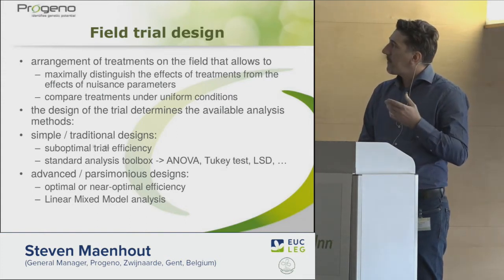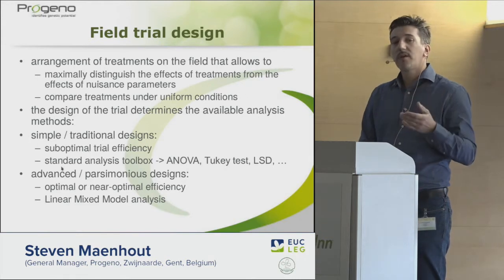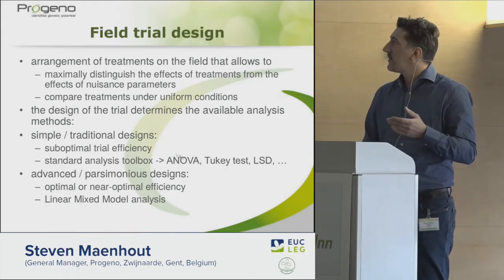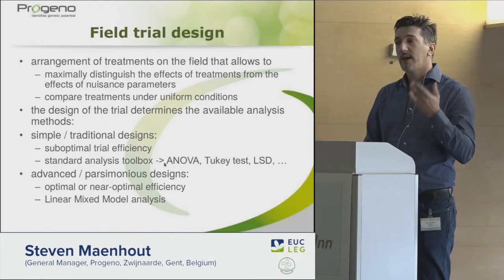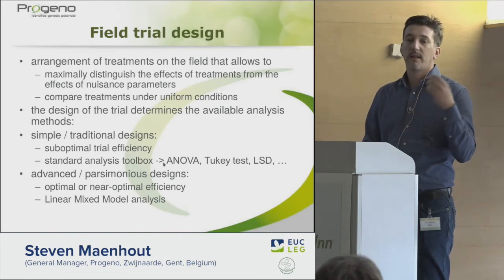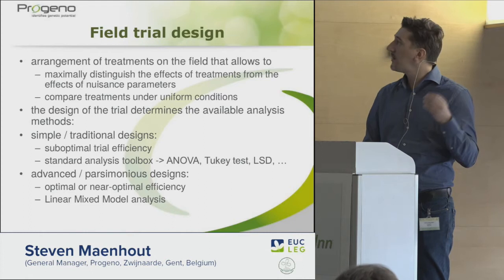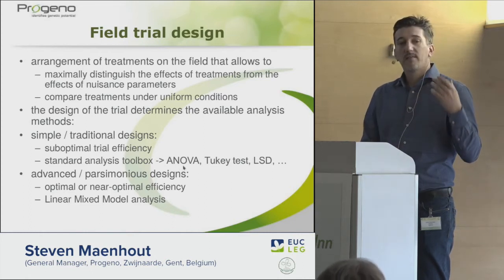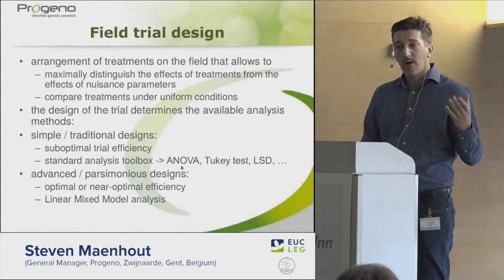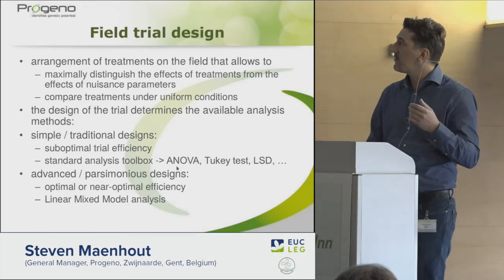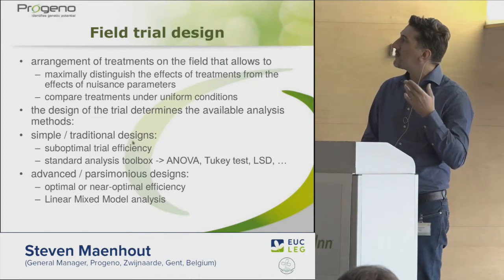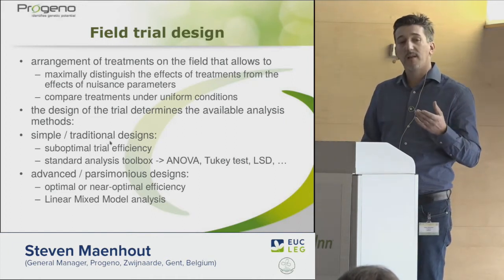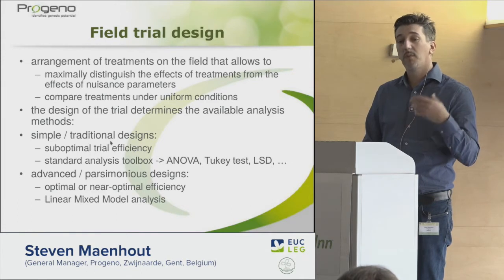But basically, anybody who has followed some introductory course to statistics has learned these basic methods, which are very powerful and moreover very robust, meaning that if your trial data does not fit certain assumptions, like in terms of normal distribution and so on, the analysis of variance is known to still perform quite well and give you quite accurate results. So it is for this reason that you could opt for using a traditional design, because the analysis afterwards will be so much simpler.